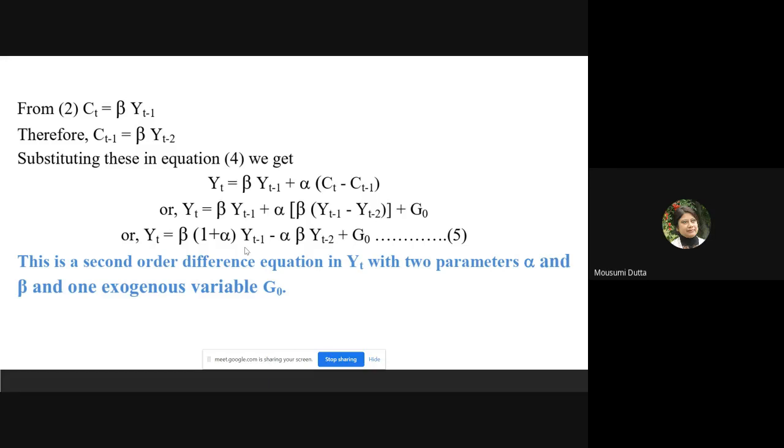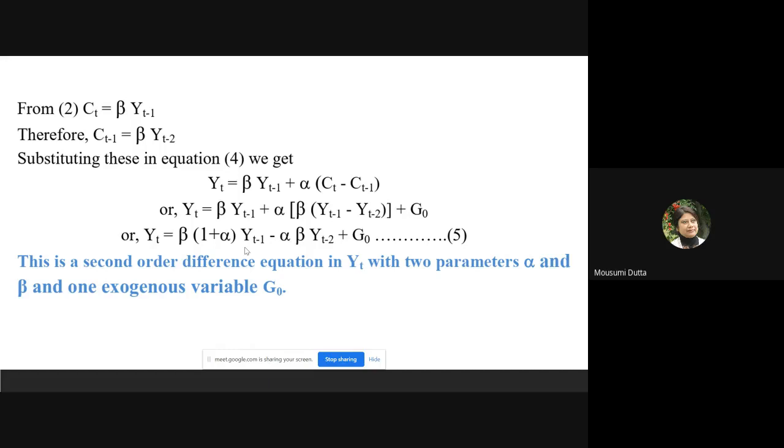The concept of the multiplier is also not changing across time. So the incremental capital output ratio alpha and the multiplier beta remain unchanged. In fact, these two values work for all the periods.